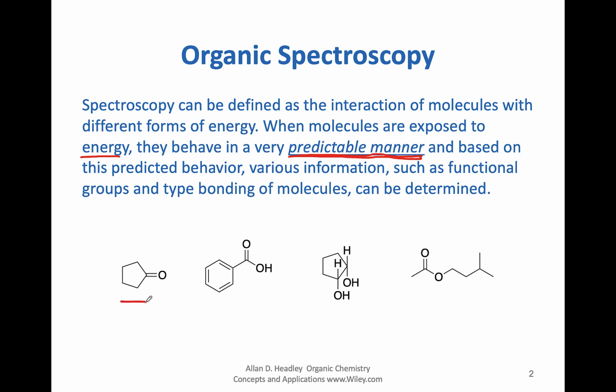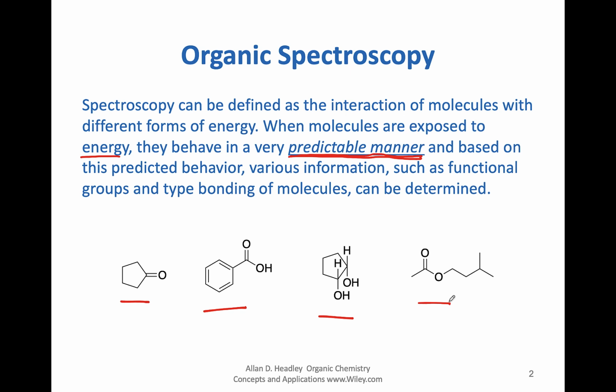So here we have different molecules. As you know, this is a ketone, cyclopentanone, a carboxylic acid, an alcohol, and an ester. These four molecules will react with energy very differently.